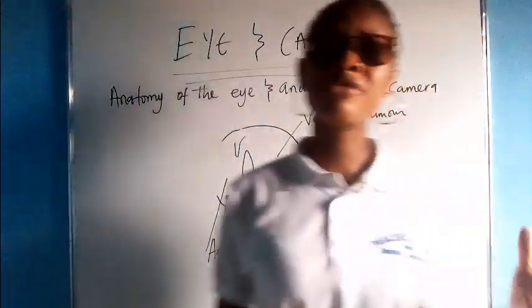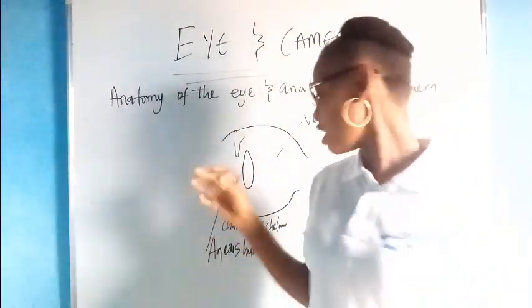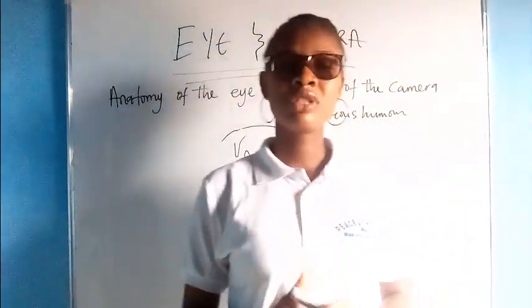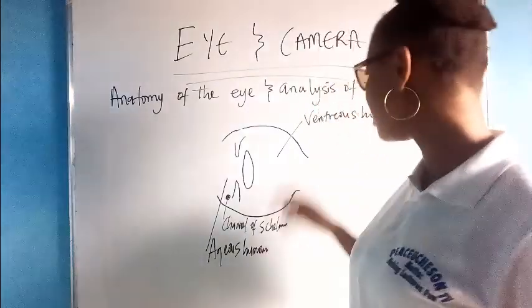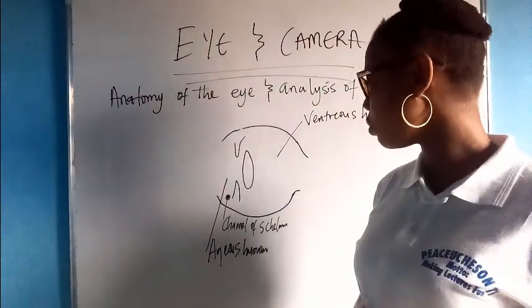The aqueous humor and vitreous humor help maintain the pressure of the eye. It enables the eye not to collapse. So the shape of the eye is maintained by these two, the aqueous humor and the vitreous humor.